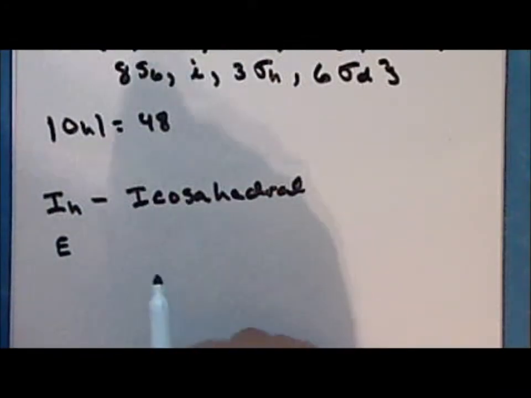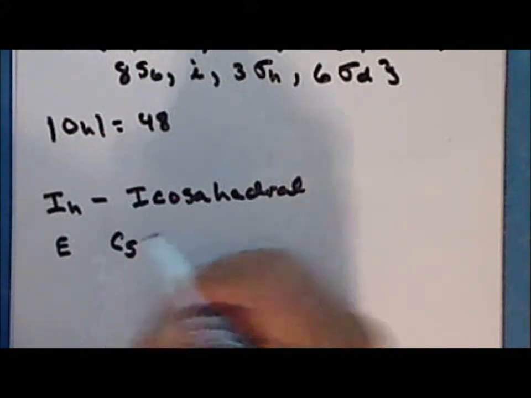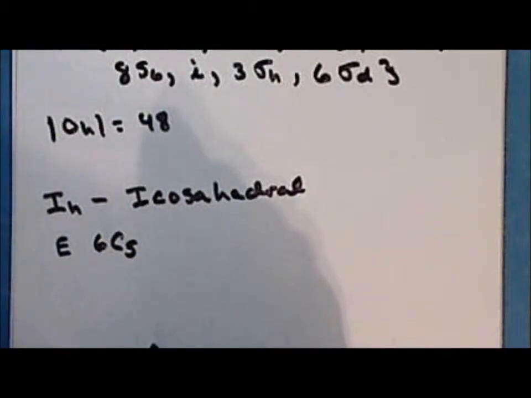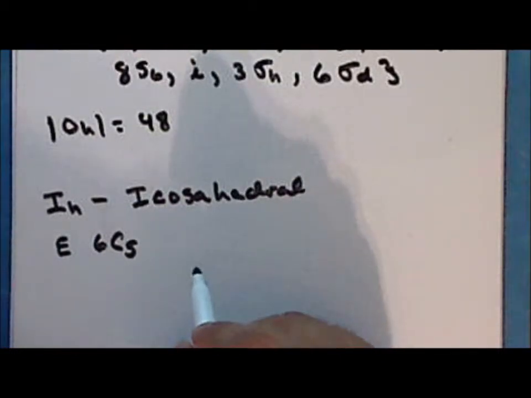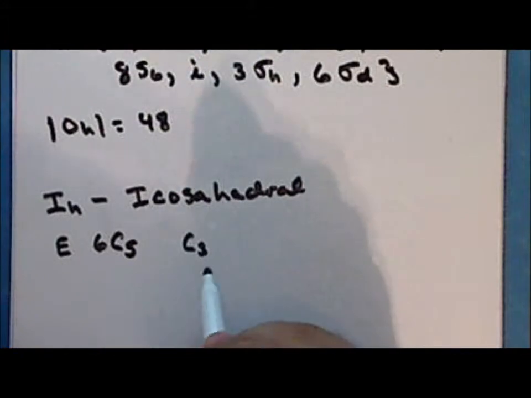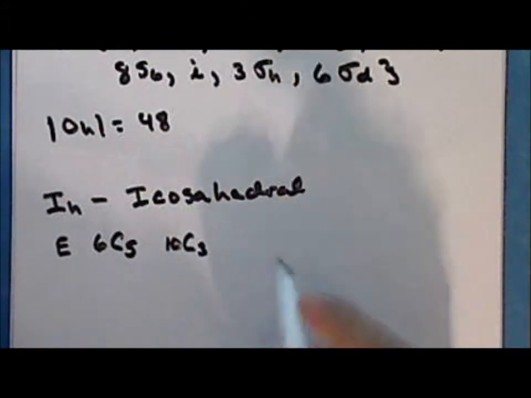Now, with 5 faces meeting at each vertex, an axis that passes through opposite vertices is a C5 axis, and 12 vertices divided by 2 gives us 6 of those. Each face is an equilateral triangle, and so an axis that passes through the centers of opposite faces is a C3 axis, and with 20 faces divided by 2, that gives us 10 of those.